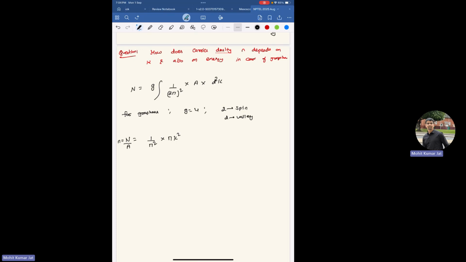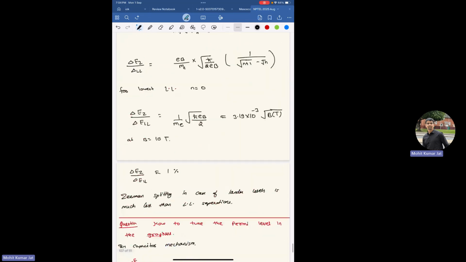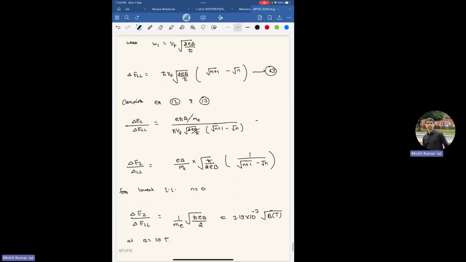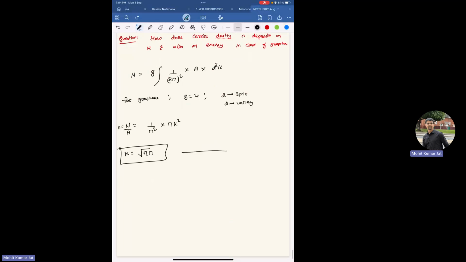And essentially k is equal to square root of n pi. Let me call this equation number 15: k equals square root of n pi.